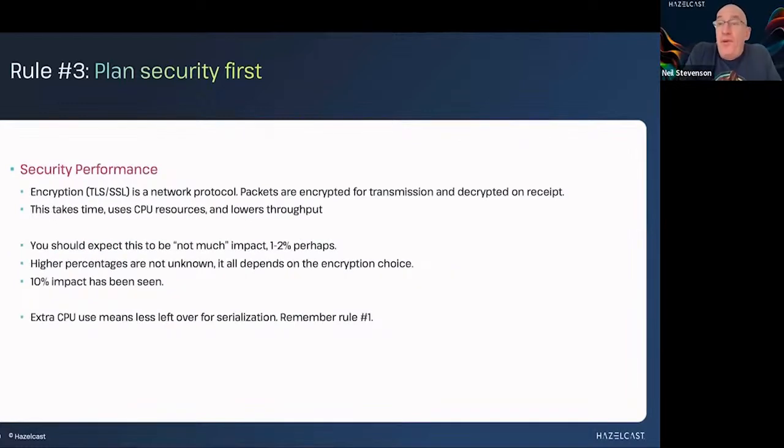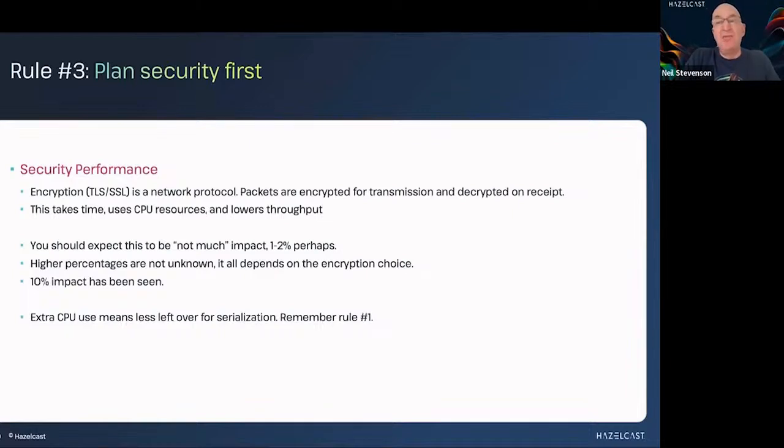Second thing to think about, performance. If you're encrypting your data, that's a further transformation, not a lot different from how you think of serialization. You take the object, you transform it into a different format. So that is a CPU cost. Not much CPU cost, but it does depend on what your security encryption library is.